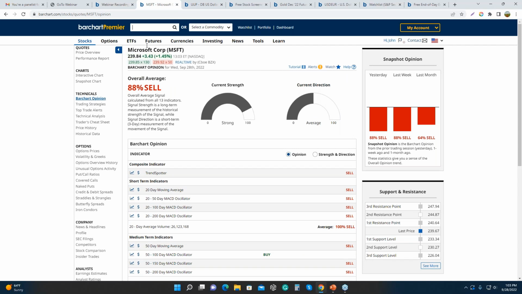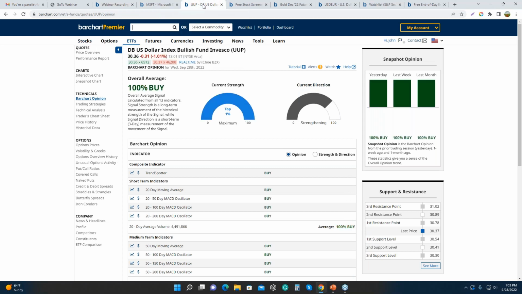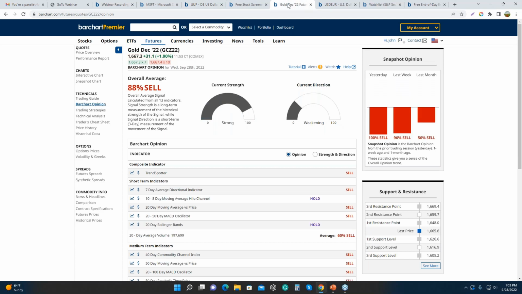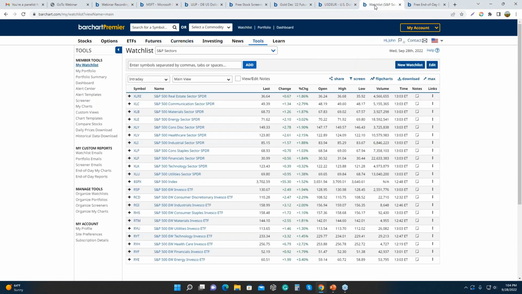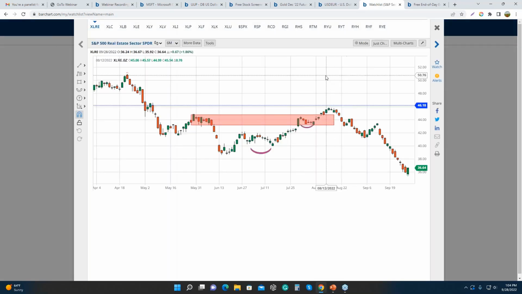But be it a stock or an ETF or a futures market or a currency, or even any of our data lists or a watch list that you create, there is a way for us to find that technical information.